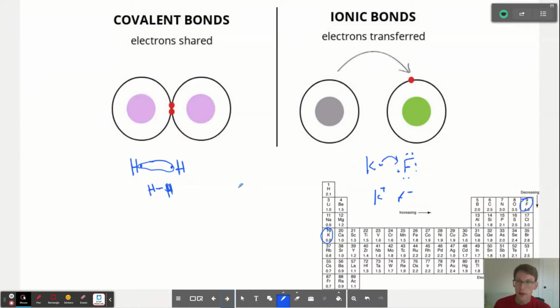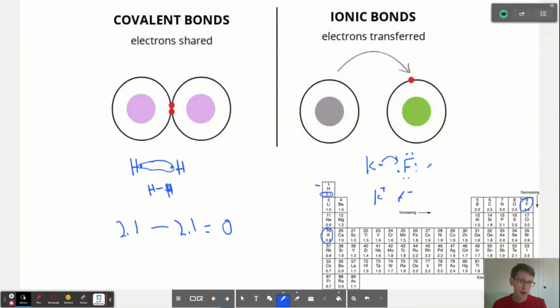So if we look at H2, hydrogen has an electronegativity of 2.1, and the other hydrogen also has an electronegativity of 2.1. So the electronegativity difference is 0. This is a covalent bond because neither atom is pulling electrons towards it more strongly than the other.